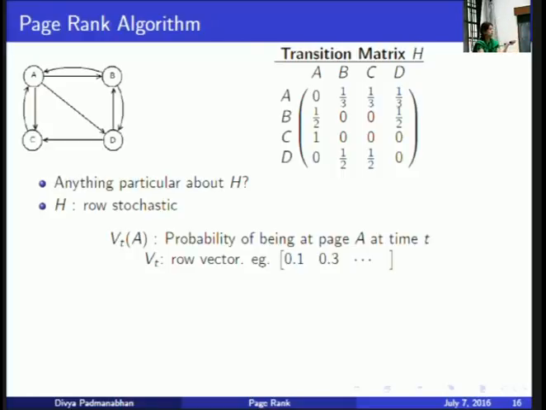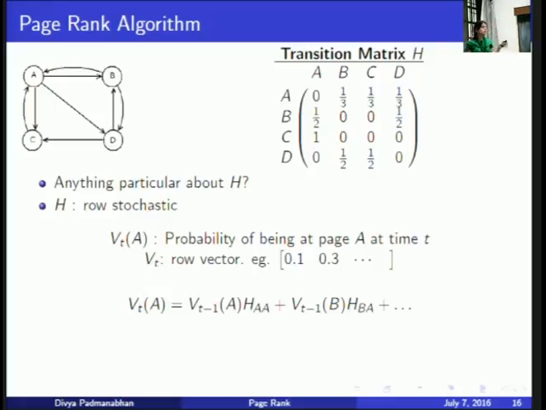Suppose initially you start with some probability. Let's see how you compute this Vt of A. At any time instant, what is the probability that you are in web page A?